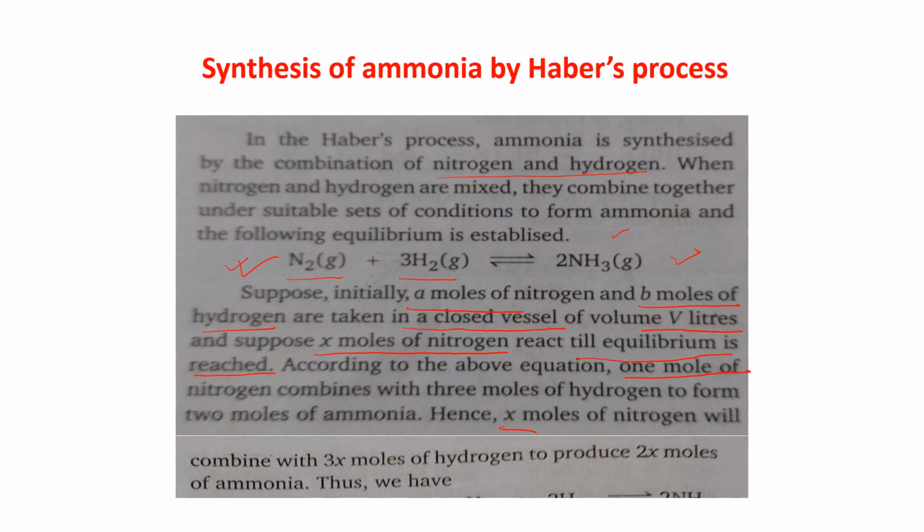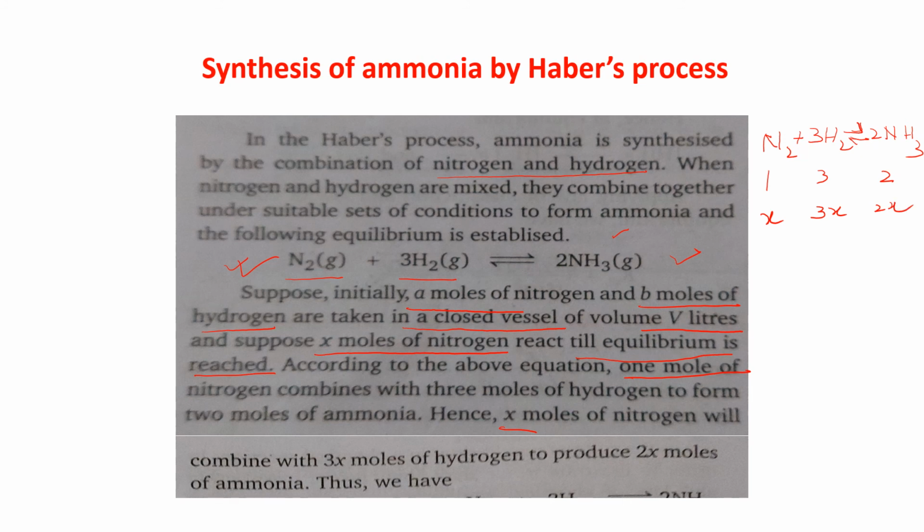Am I clear? From this reaction it is clear that N2 plus 3H2 gives you 2NH3. So 1 mole of N2 and 3 moles of H2 give you 2 moles of NH3. So if X mole of N2 reacts with 3X mole of H2, it gives 2X mole of NH3.